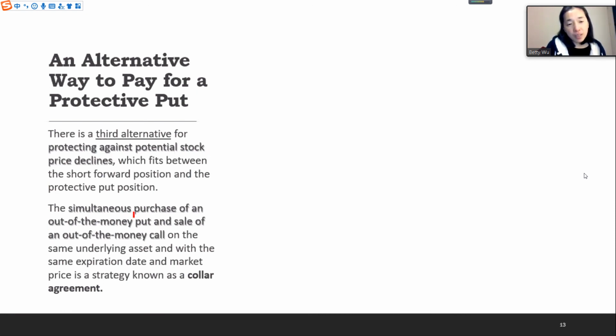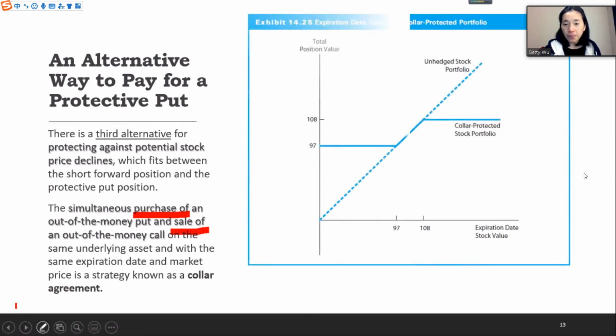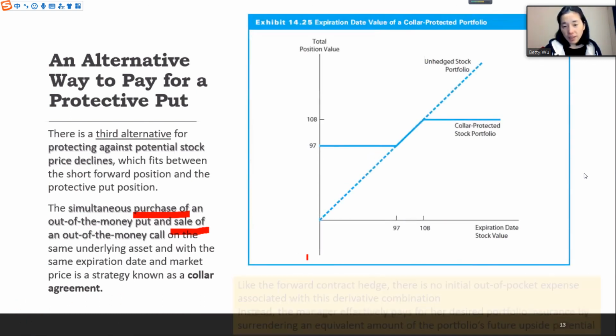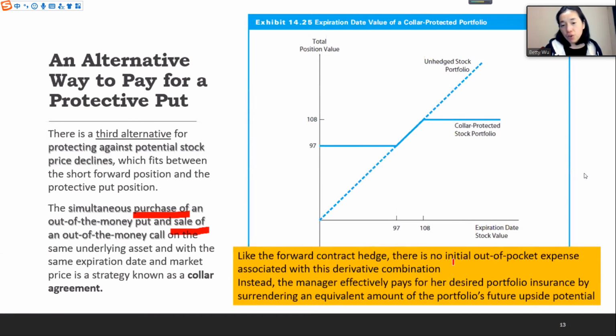But by buying something and selling something at the same time, you can actually ensure that this is free. From the example, you'll see that it is actually free. So like the forward contract hedge, there's no initial out-of-pocket expense. It's really free by doing this.